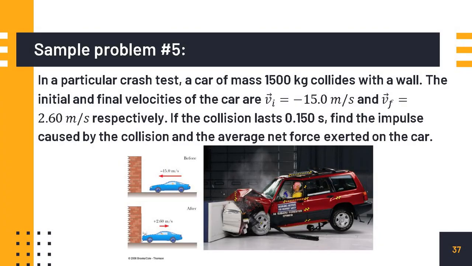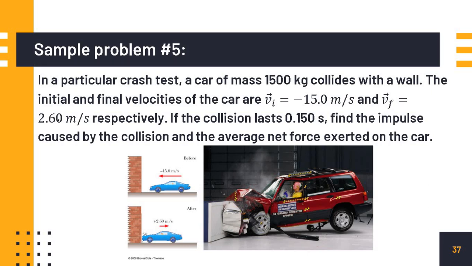Alright, so let's try to solve sample problem number 5 in order to apply what we learned from the previous discussion. According to the problem, in a particular crash test, a car of mass 1,500 kilograms collides with a wall. The initial velocity of the car is negative 15 meters per second, because the direction of the car initially is to the left, towards the wall.